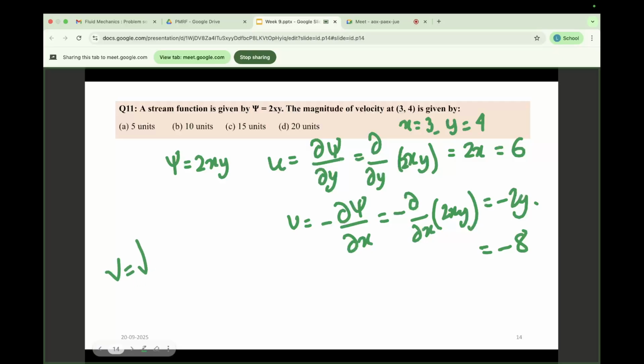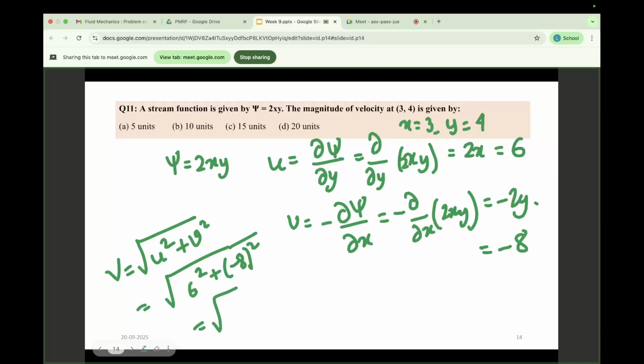So the overall velocity is the square root of 6 squared plus 8 squared, okay, this is 64, which is 100.